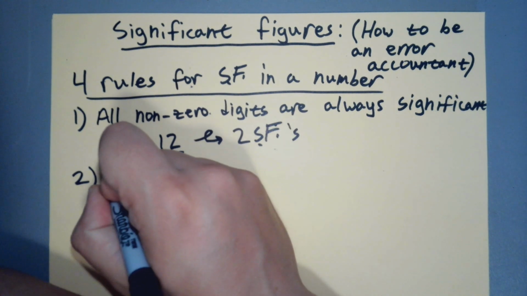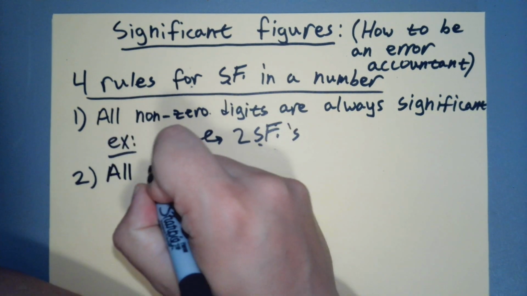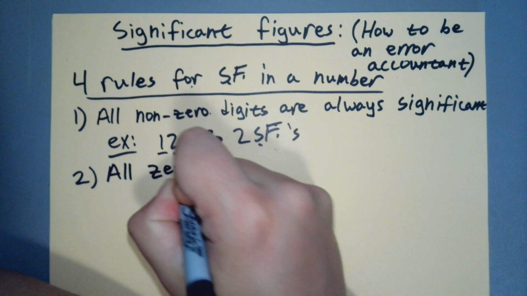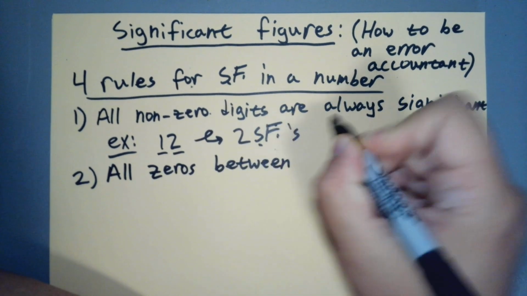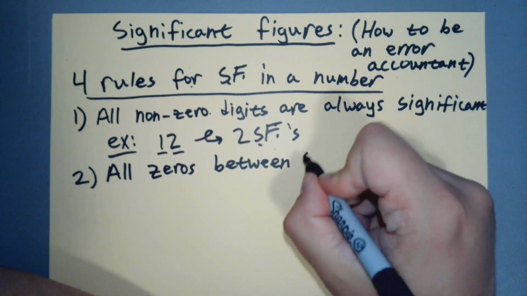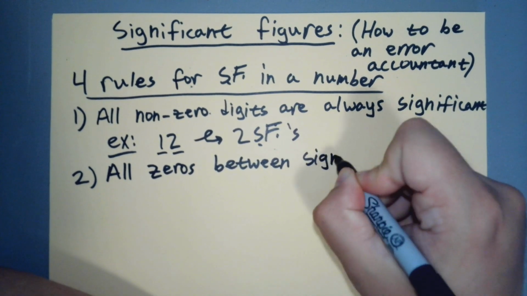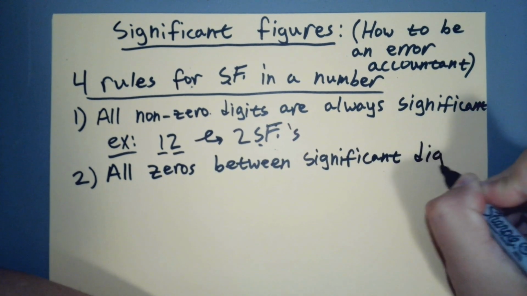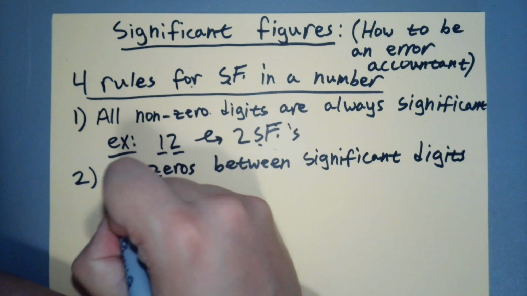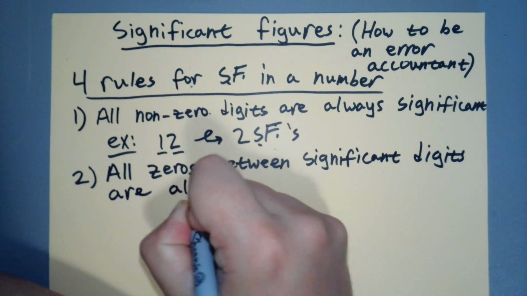Any zeros, or all zeros between significant digits are also significant.